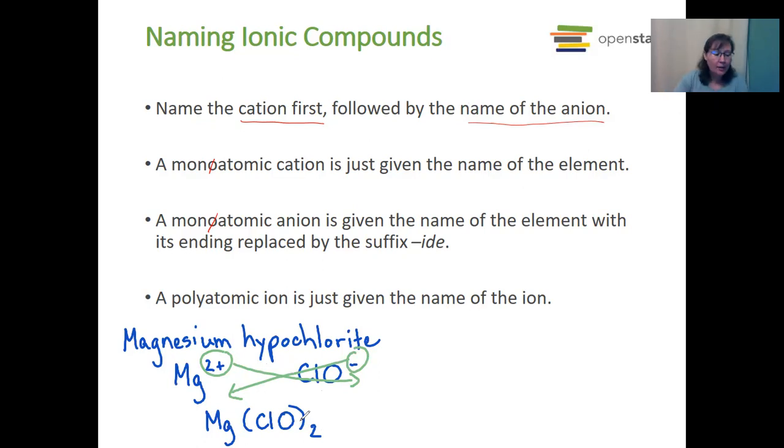Let's think about another one. Let's do ammonium sulfide. Okay, and we look on our ion list and we see that ammonium is NH4+, and sulfide, be very careful here. We have sulfide, sulfite, and sulfate.